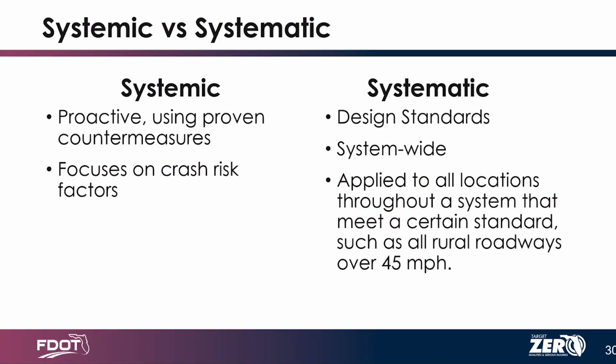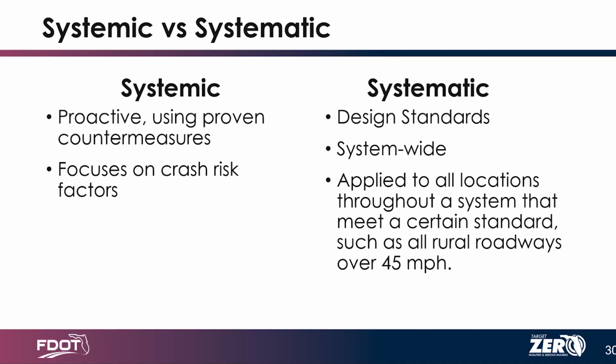Systemic is proactive, using proven countermeasures, and focuses on crash risk. Systematic and nominal safety are linked. That's design standards. It's system-wide, applied to all locations that meet a certain standard. You might not apply certain warning signs at every horizontal curve, but you might at horizontal curves in rural areas with speeds over 45 miles an hour.